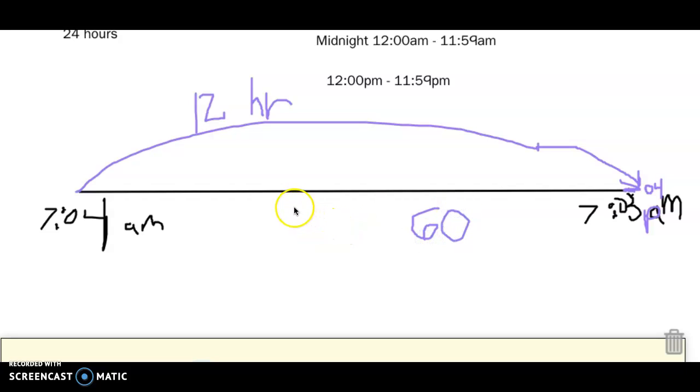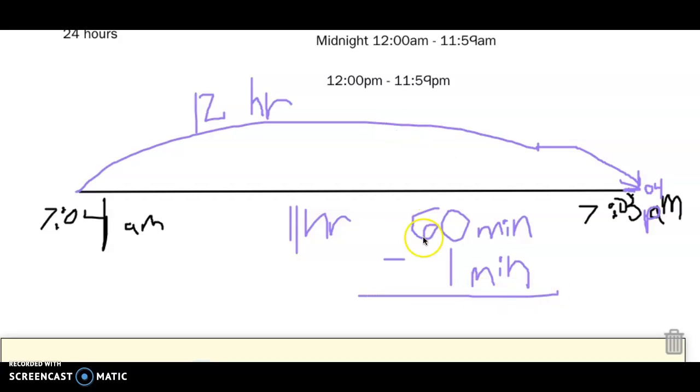So right now I have 11 hours and 60 minutes, which if I were to convert this to all hours, I would still have 12 hours, because this is 1 hour, so 11 hours plus 1 hour is 12. But I broke it apart because I need to subtract 1 minute. What is 1 less than 60? Well, 1 less than 60 is 59, right? We have to borrow from our neighbor.